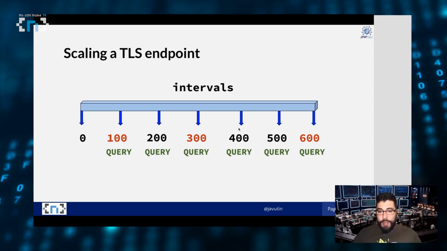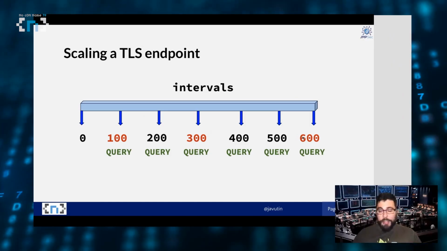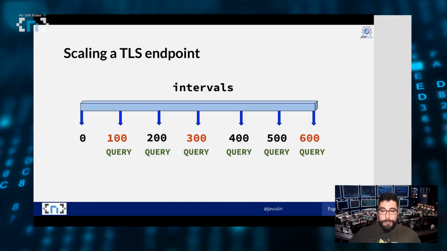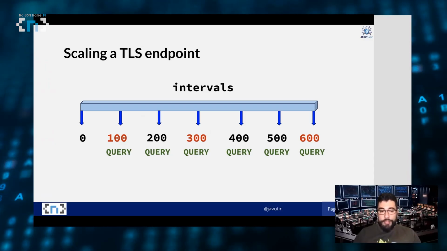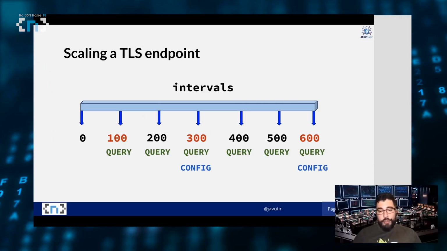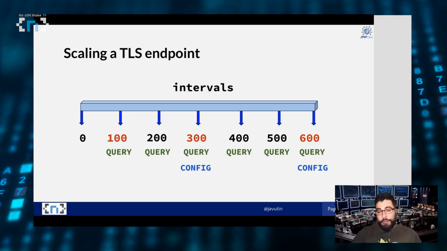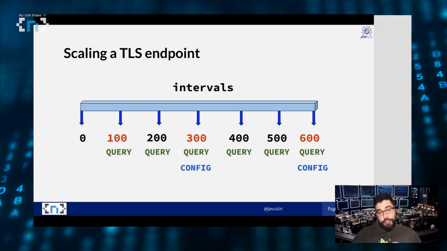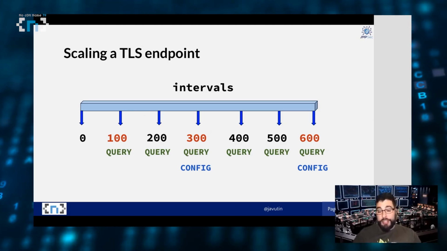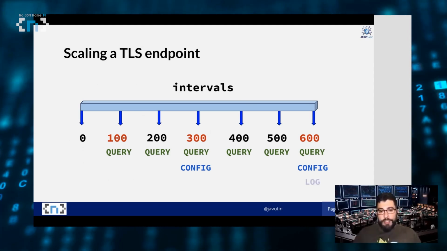Same for 400, 500, and when we hit 600, something else happens. At this point, we are running one query every 100 seconds, right? But as we saw in the values for the intervals, every 300 seconds we are going to have a config request, and so in this case it happens at 300 and at 600. So every 5 minutes, every 10 minutes, you're going to see these.